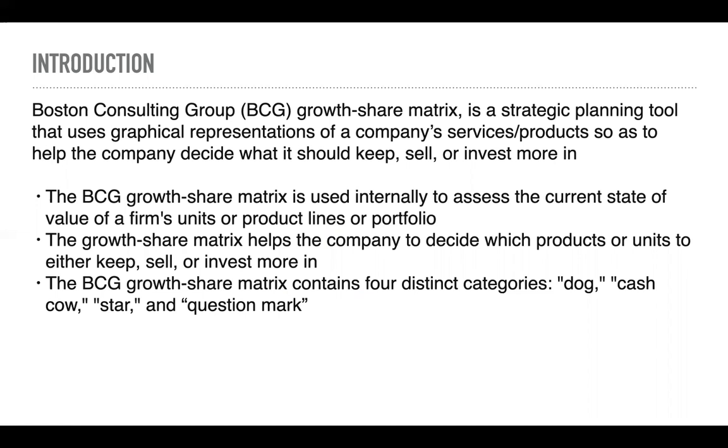The BCG growth share matrix contains four distinct categories. There are four quadrants, and they are named dog, cash cow, star, and question mark. These are the names that are given to the quadrants that develop.